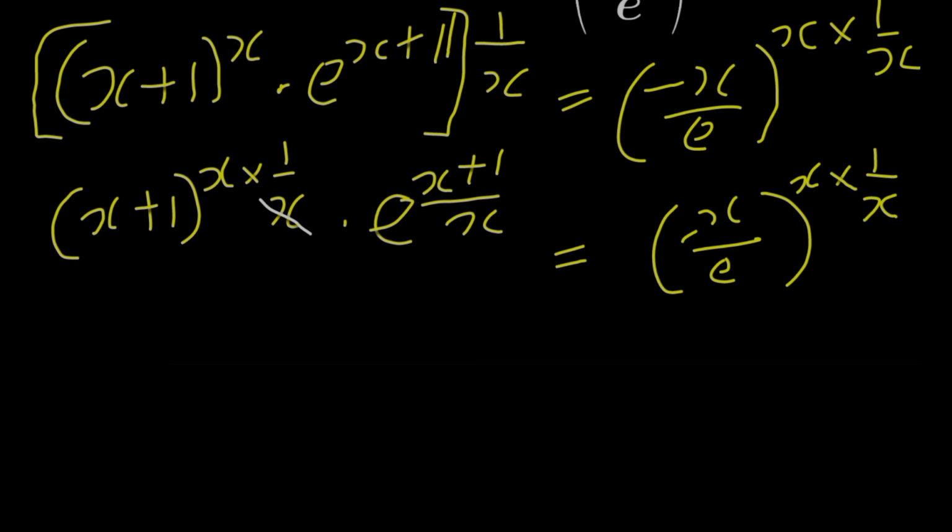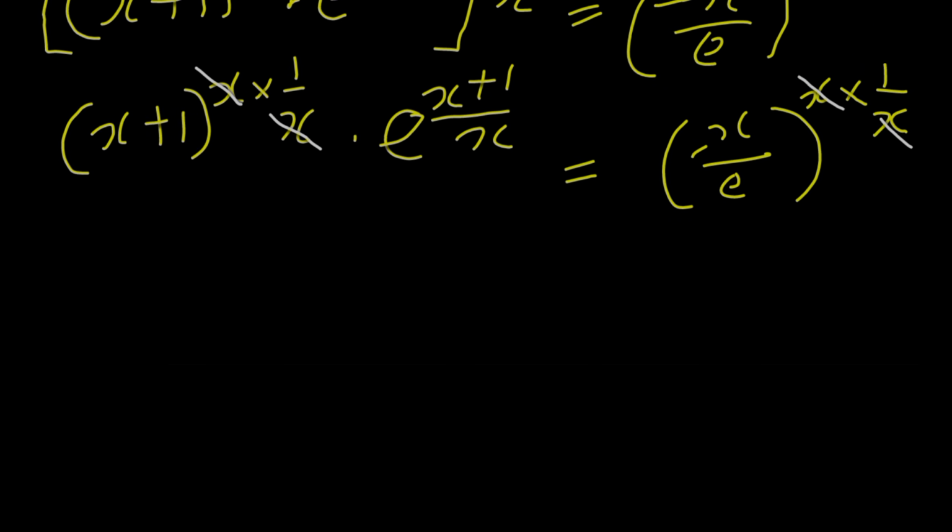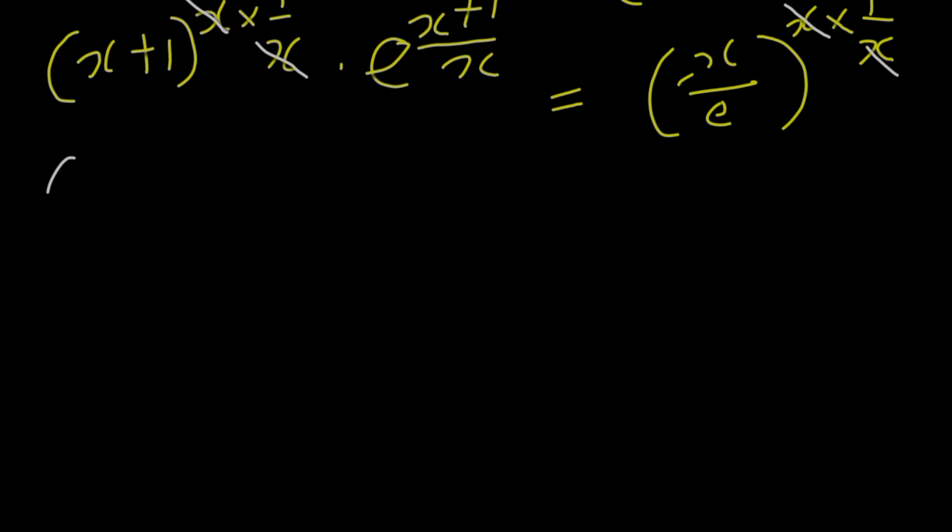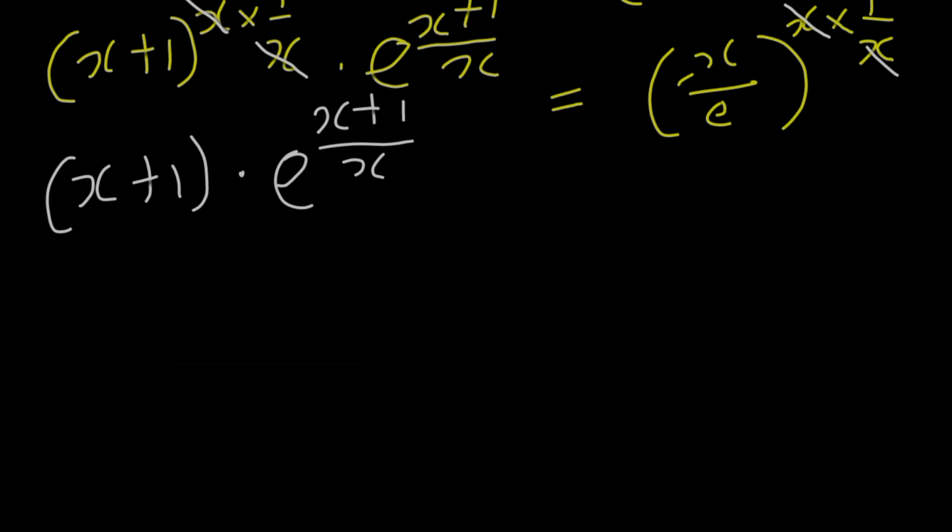Therefore, x cancels x, also here x cancels x. So we are going to be left with (x plus 1) times e to the power of (x plus 1) over x equals minus x over e.